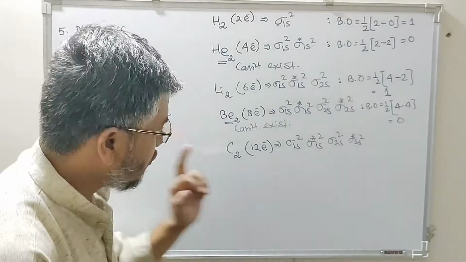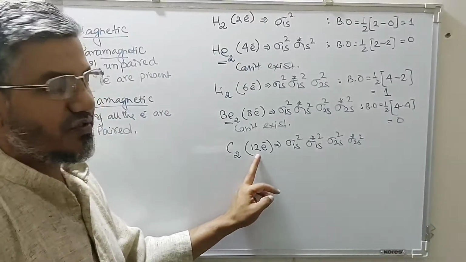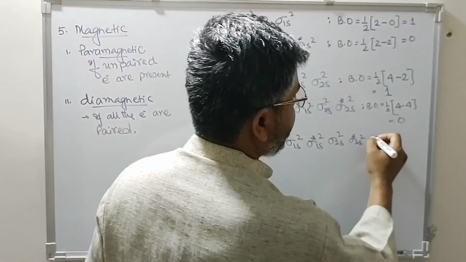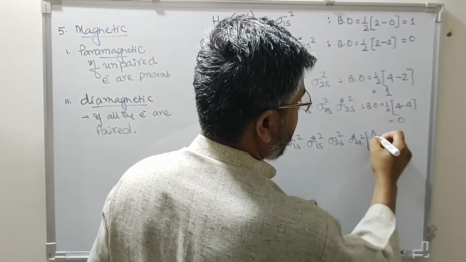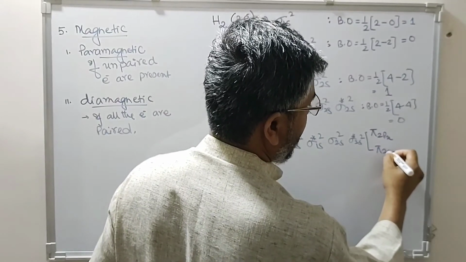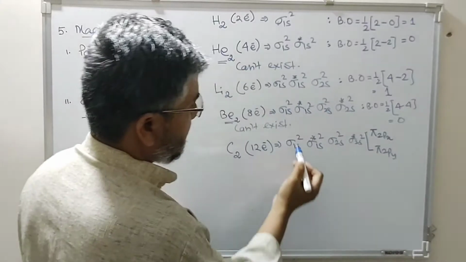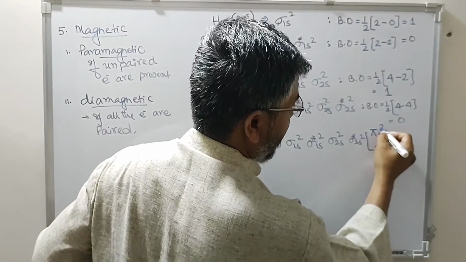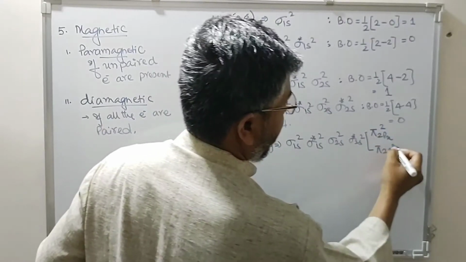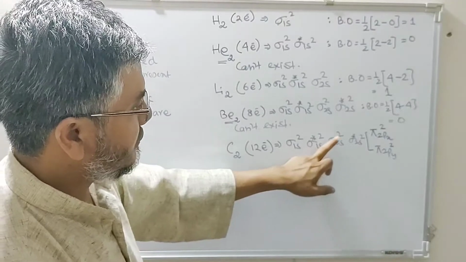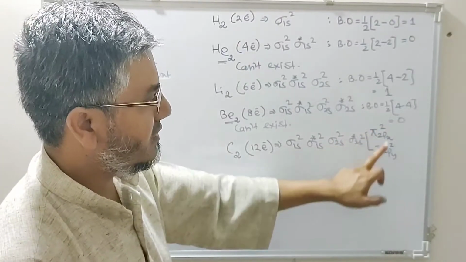For molecules with total electrons less than or equal to 14, the order after this is pi 2px, pi 2py. So 2, 4, 6, 8, 10, 12.